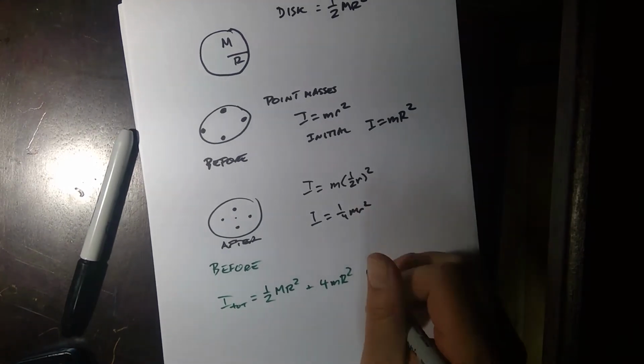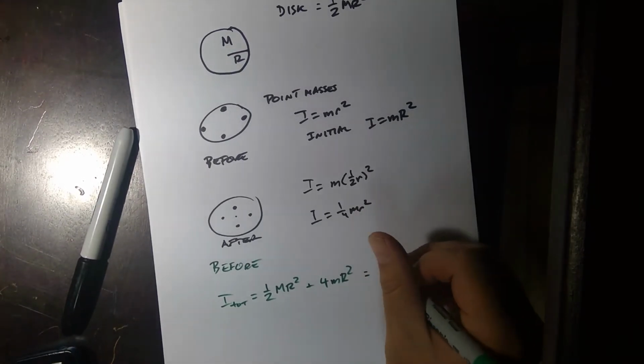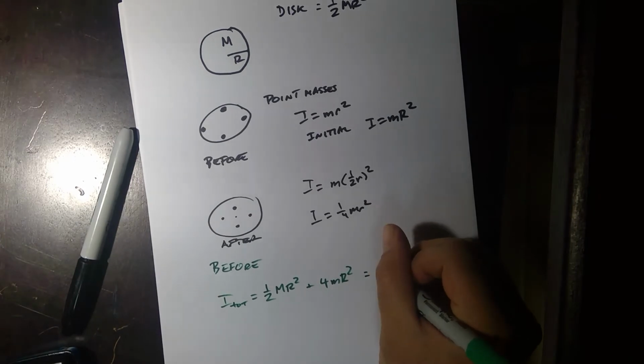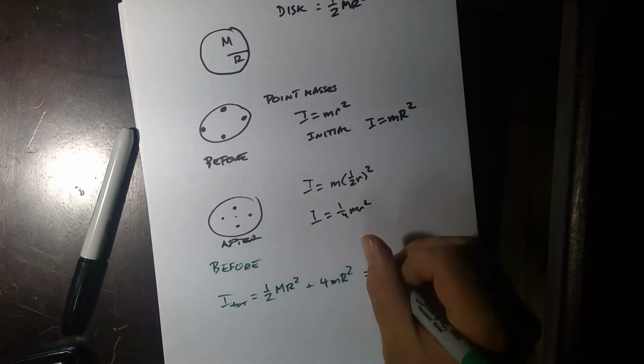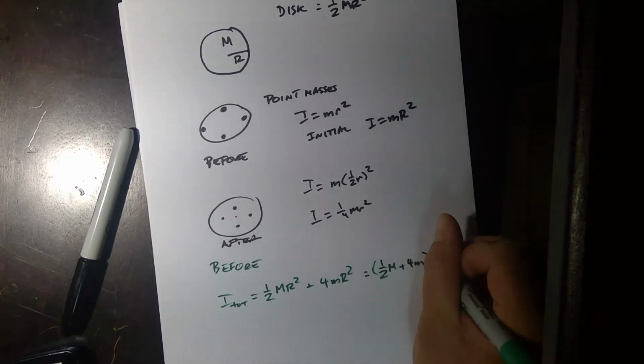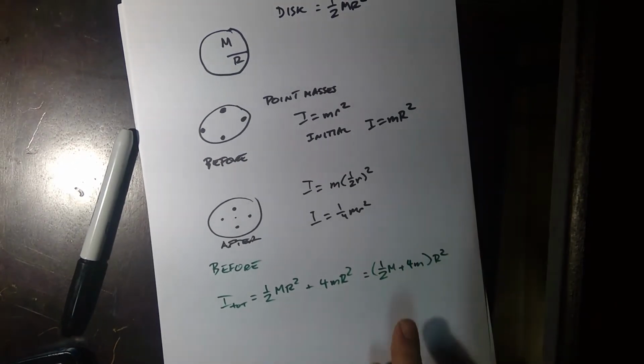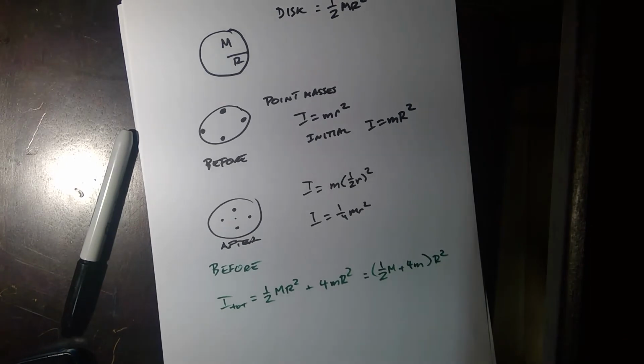What we would end up getting is 1/2 M plus 4 lowercase m, in parentheses, times r squared. All right, so there's the total moment of inertia for before.